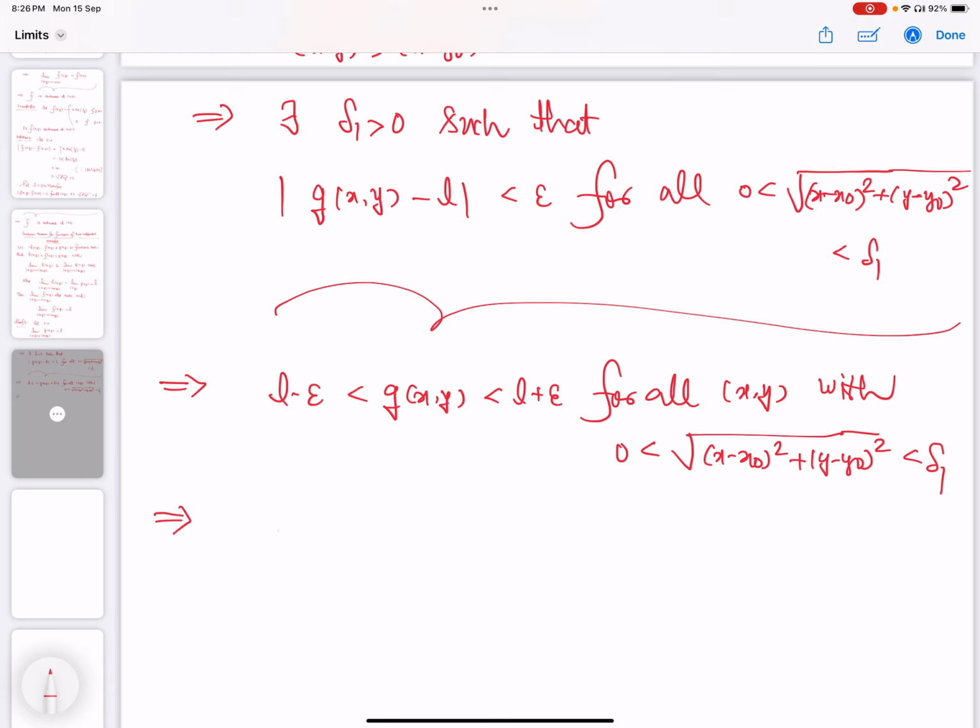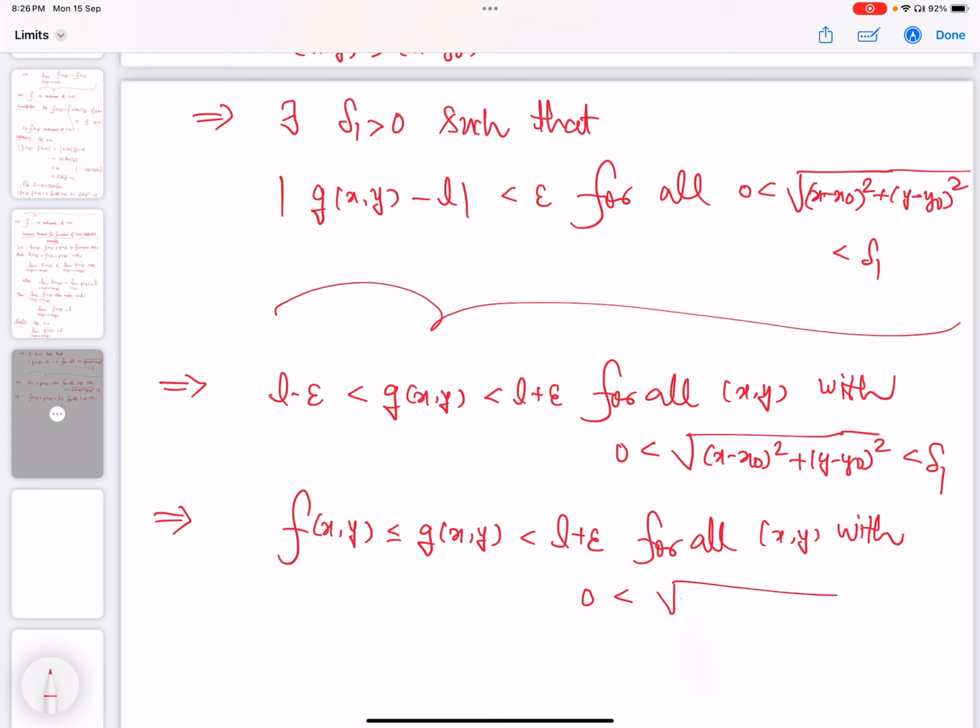So this implies f(x,y), that is less than g(x,y), is less than L plus epsilon for all (x,y) with (x minus x naught) squared plus (y minus y naught) squared less than delta 1.